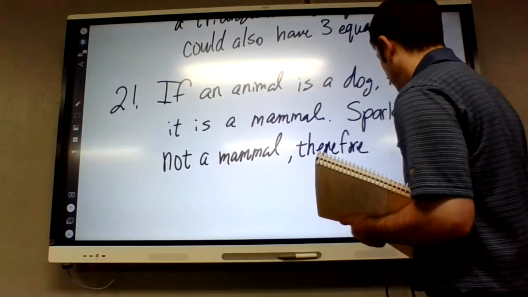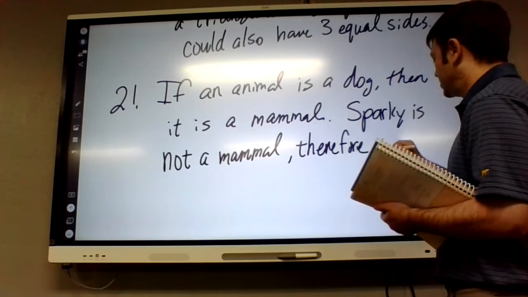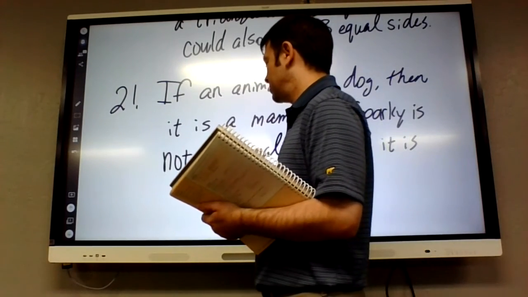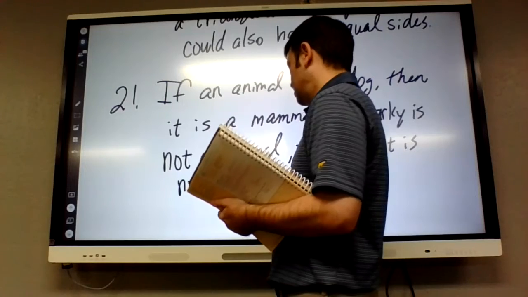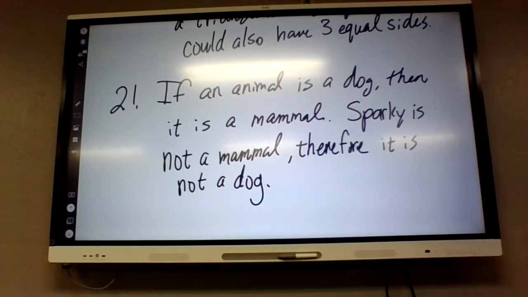He is not a dog. I don't know if it's a he or she, but it is not a dog. That would be the contrapositive logic, modus tollens.